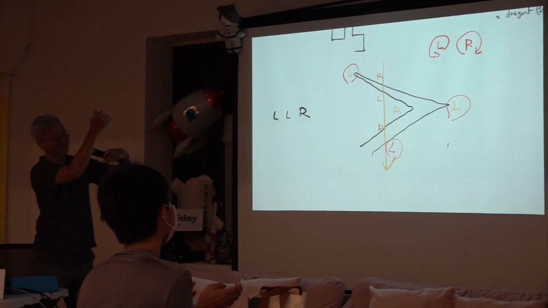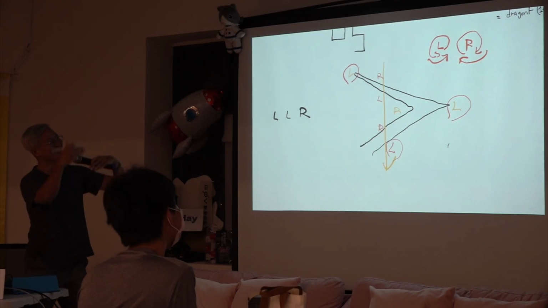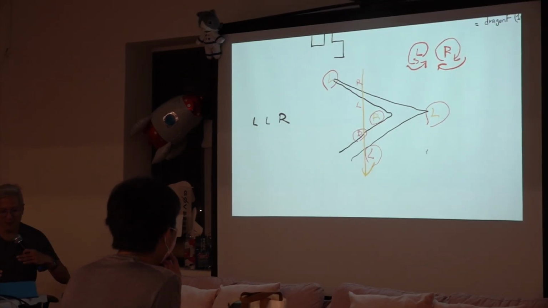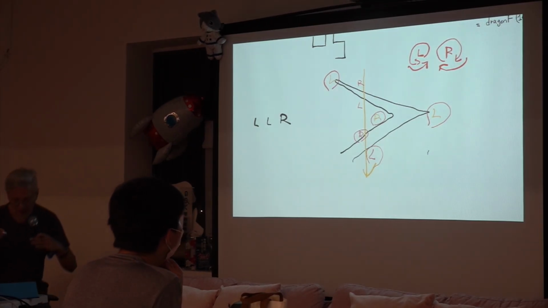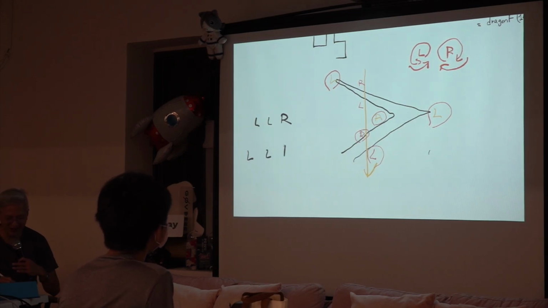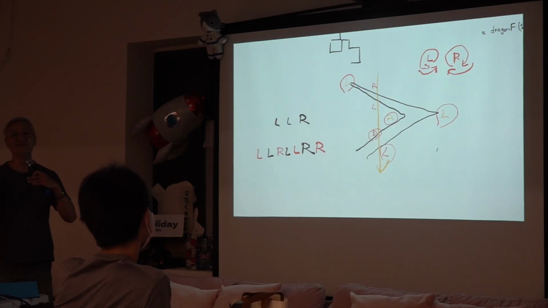Because this is an arrow fold, and this is an R fold. It's an arrow fold. Then an R, then a previous R fold, then an R fold. So basically, what happens now is that you take the previous LLR, and then you insert additional LR between them.